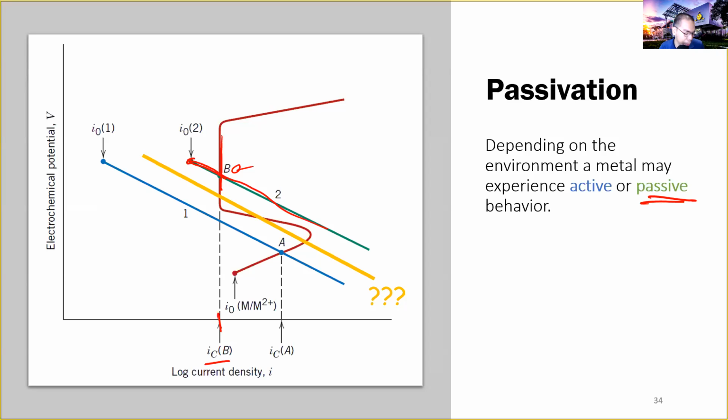So yan. So medyo tama si Meg na this actually depends on the current. So in this case, we have two stable states. Ito and ito. So your metal can either be active or passive. From the polarization curve alone, we can actually not make any conclusions. So yan.